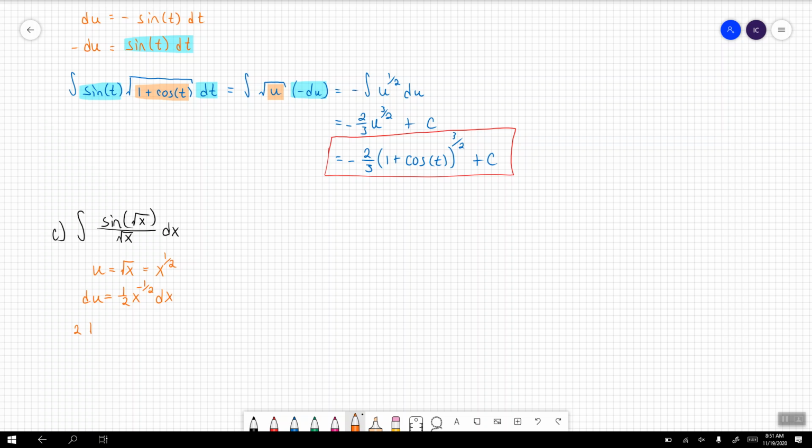Multiplying by 2, I get 2 du, and x to the power of 1/2 becomes 1 divided by square root of x dx. And so is this portion inside of this differential? The answer is yes.